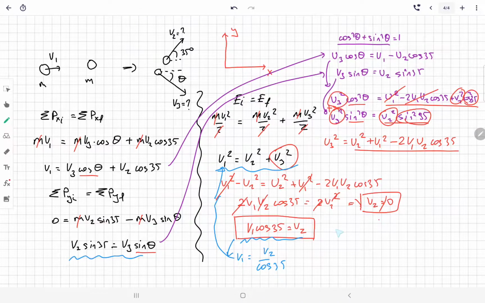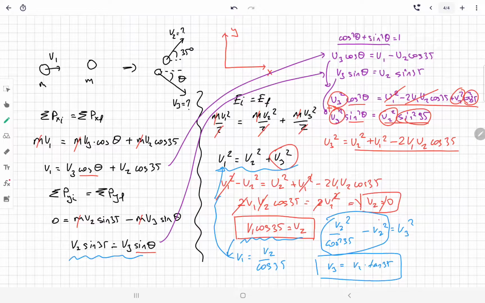So v2 squared over cosine squared 35 minus v2 squared equals v3 squared, or we can say v3 equals v2 times tangent 35, because this part equals v2 squared times tangent squared 35.